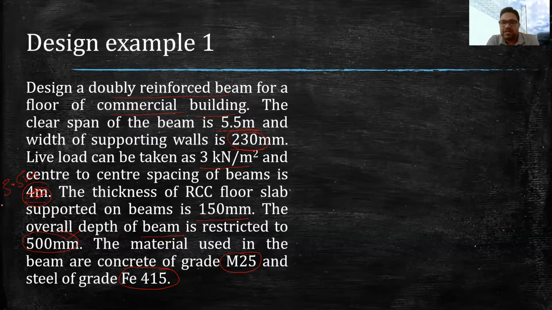So these beams are equally spaced by 3.5 meter, and this beam is supporting a floor slab, and the thickness of the floor slab is 150 mm, and the depth of the beam is restricted to 500 mm, and the beam is resting on the wall, and the thickness of the wall is given as 230 mm.